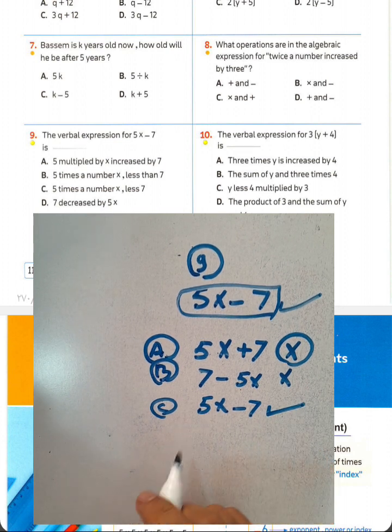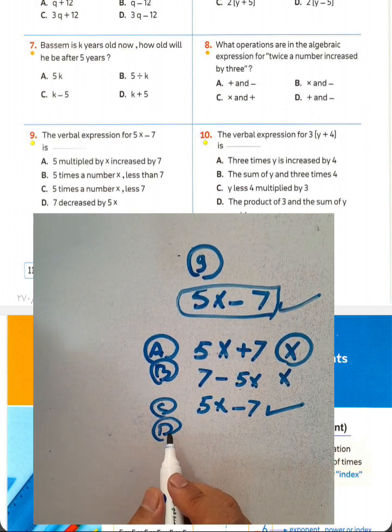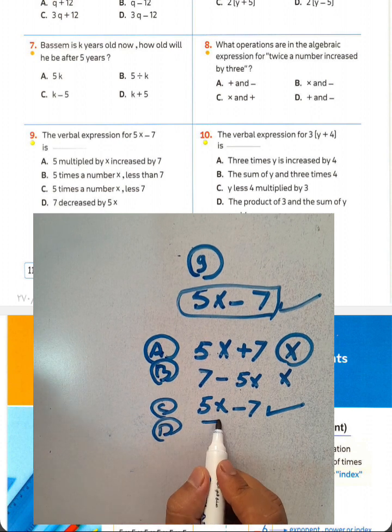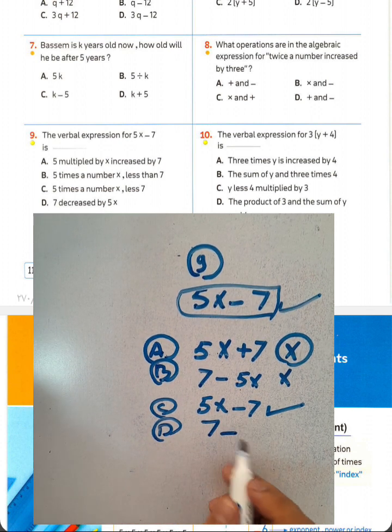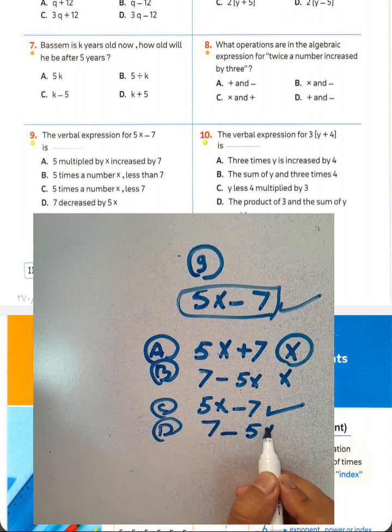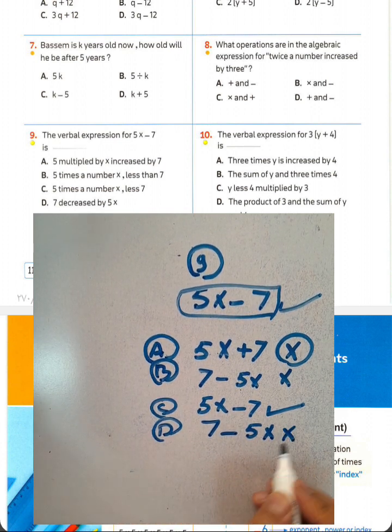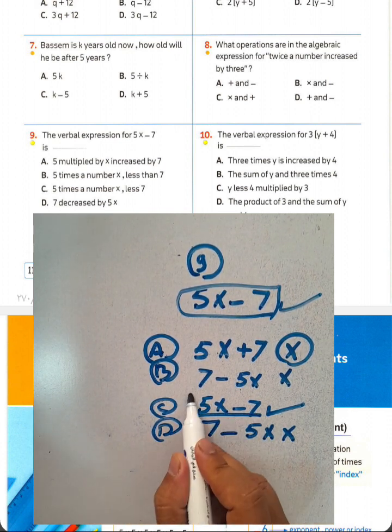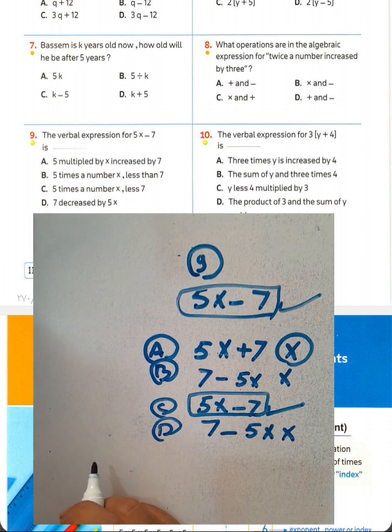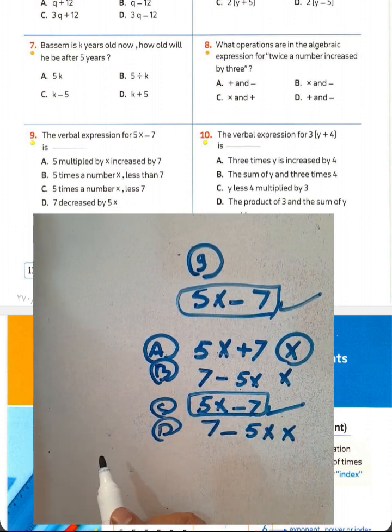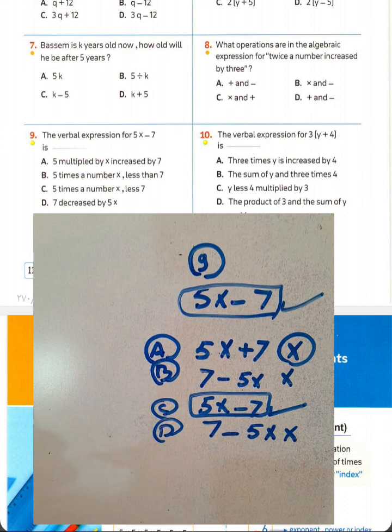Choose letter C. Letter D. 7 decreased by 5x, meaning subtract 5x. Don't choose letter D. You must choose letter C, 5 times the number x less 7. This is the verbal expression for this expression, okay?